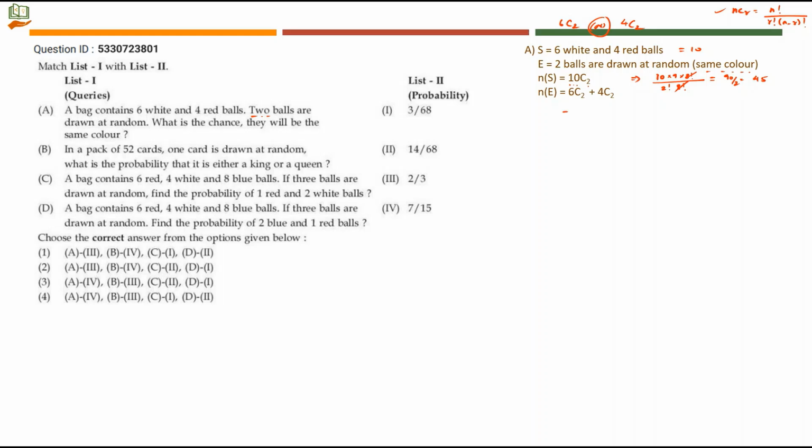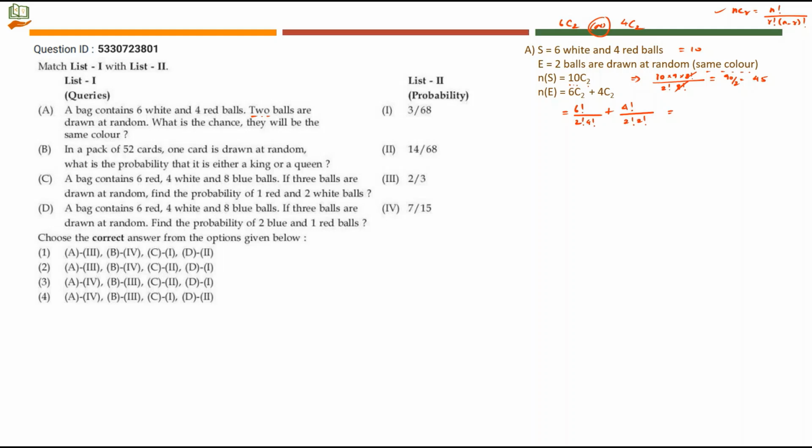What about n of E? We have 6C2. So this is 6 factorial divided by 2 factorial and 4 factorial, plus 4 factorial divided by 2 factorial and 2 factorial again, because 4 minus 2 is also 2.